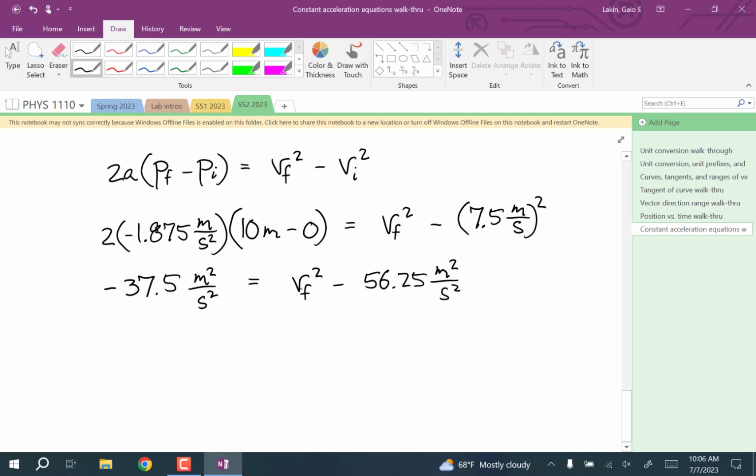Now we want to get Vf squared by itself. So add 56.25 meters squared per second squared to both sides.